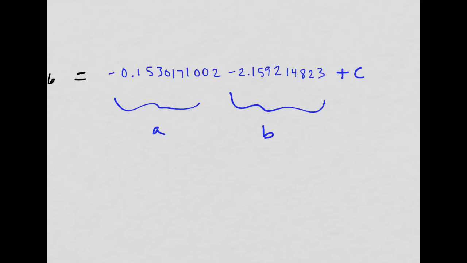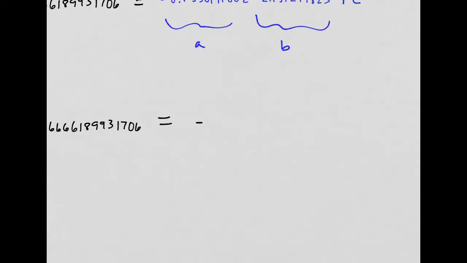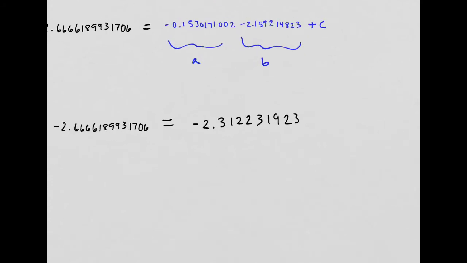And now I have, well, I didn't do anything with this number, so I can just copy that. And then that still equals, I combined these two, and I got, from my calculator, negative 2.312231923, and then plus C.